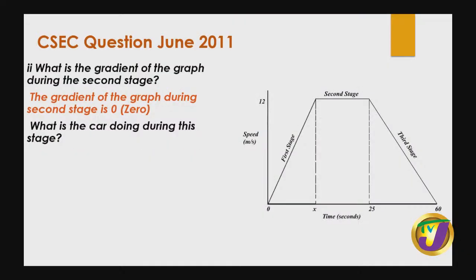Now the next question is, what is the car doing during this stage? As we were looking at the previous graph example, you mentioned that it could be resting, it could be stopping, or it could be traveling at a constant speed. In this case, the car is traveling at a constant speed of 12 meters per second during this time.